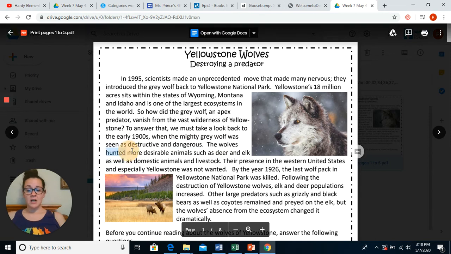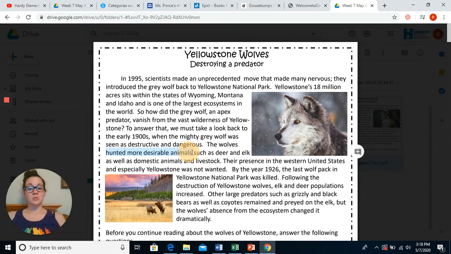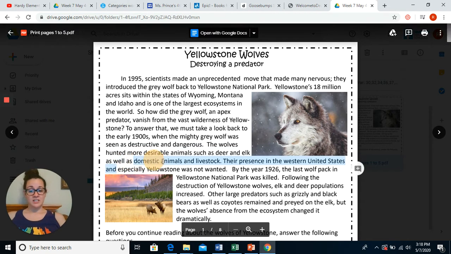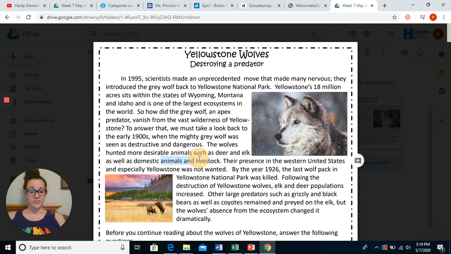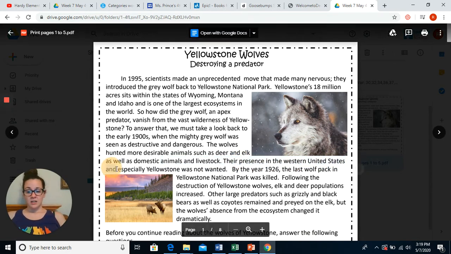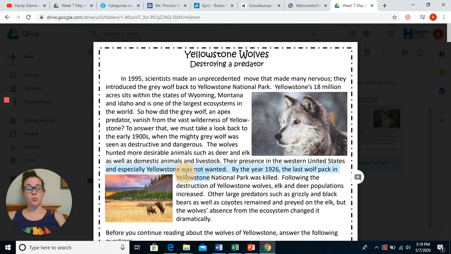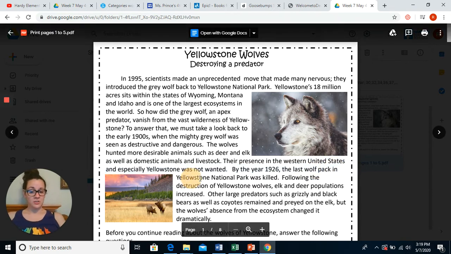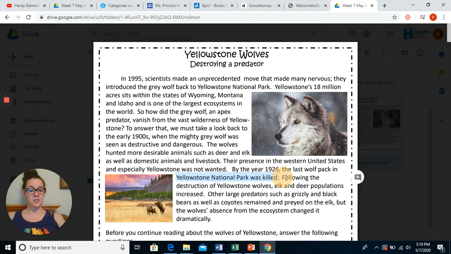The wolves hunted more desirable animals such as deer and elk, as well as domestic animals and livestock. Their presence in the western United States, and especially Yellowstone, was not wanted. By the year 1926, the last wolf pack in Yellowstone National Park was killed.